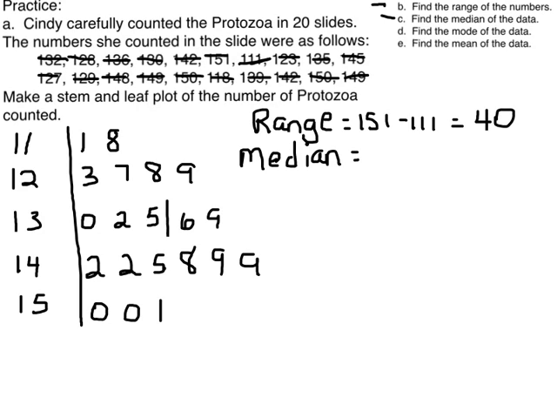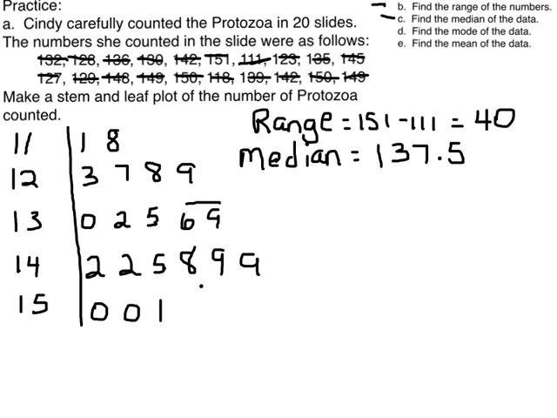So it looks like the median is going to be right here, between 6 and 9, and if we want to find the midway point between 6 and 9, it would be 7.5. So it would be 137.5.